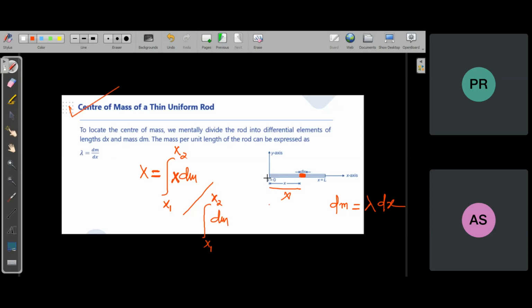When you substitute this and integrate within proper limit, you will get the answer. This I think we already discussed in the last class. In this you have any doubt, you can ask. You are not audible.